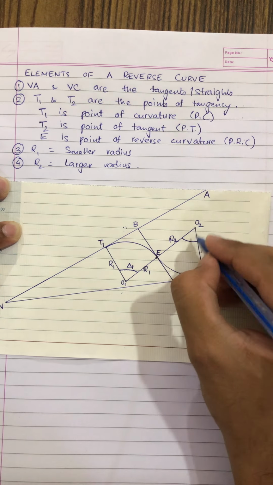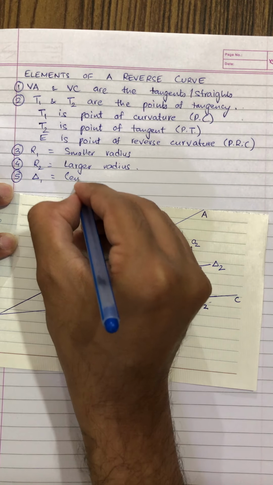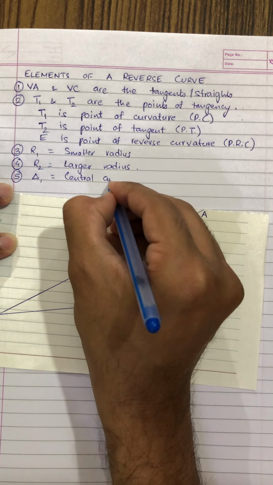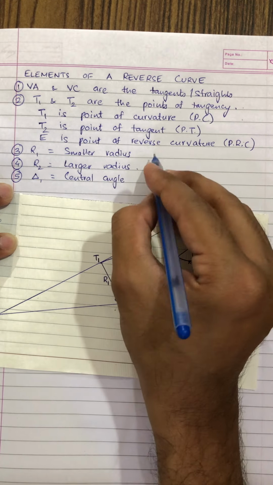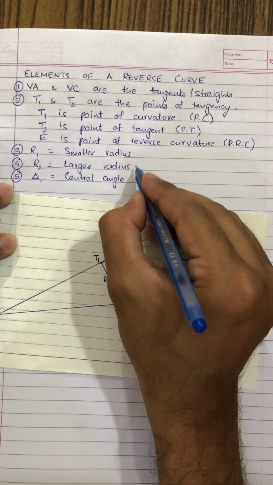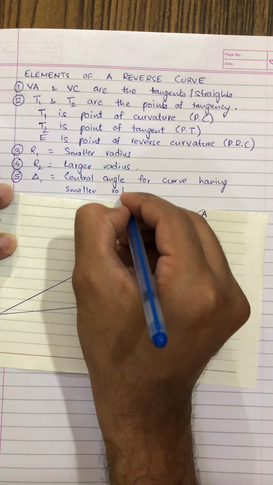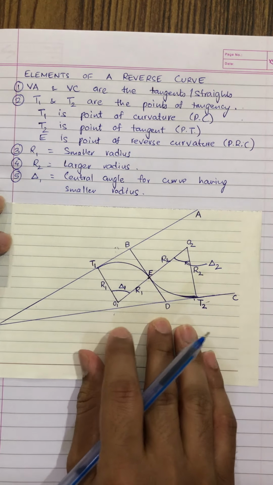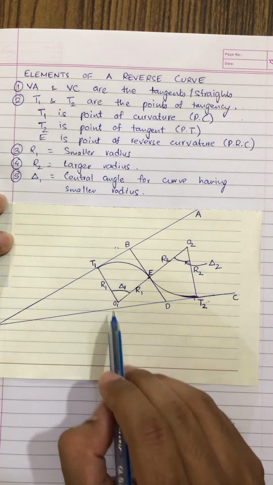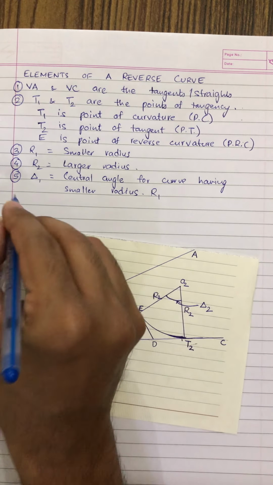Here delta 1 will be the central angle for the curve having the smaller radius. See, this delta 1 is the central angle for this curve having the smaller radius, that is R1.